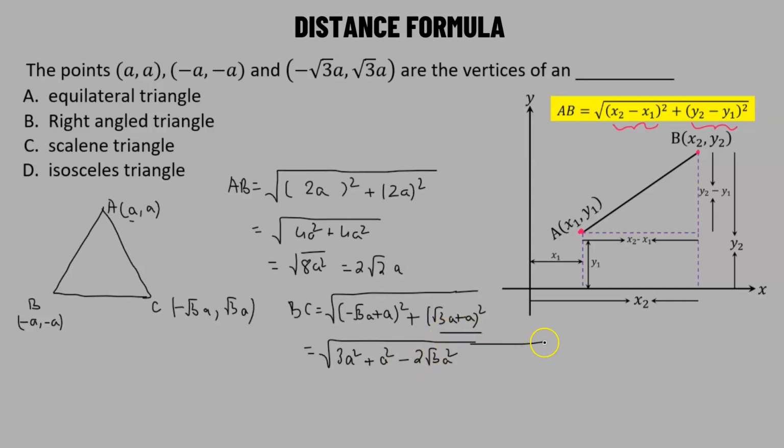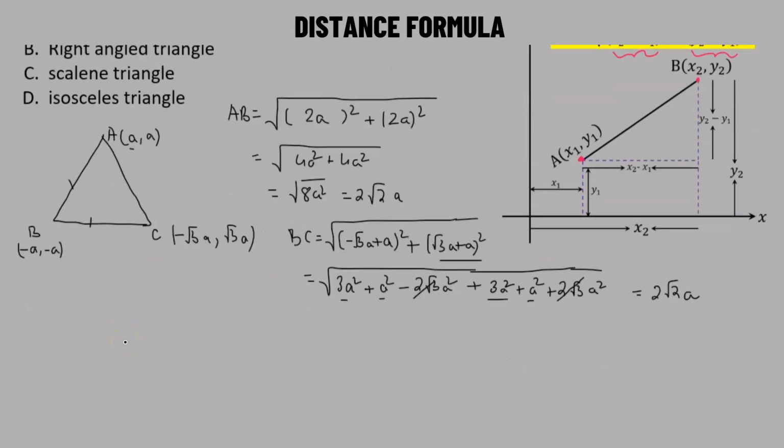Coming to the next term, we expand it to get 3a squared plus a squared plus 2 times √3 a squared. Here the 2√3 a squared terms cancel out. 3a squared plus a squared is 4a squared, plus 3a squared is 7a squared, plus a squared is 8a squared. And this also gives us 2√2 a. So here we have obtained the value of BC. It turns out AB equals BC.